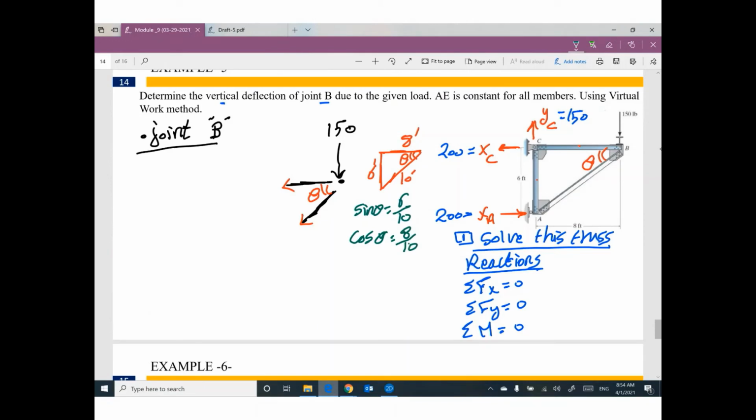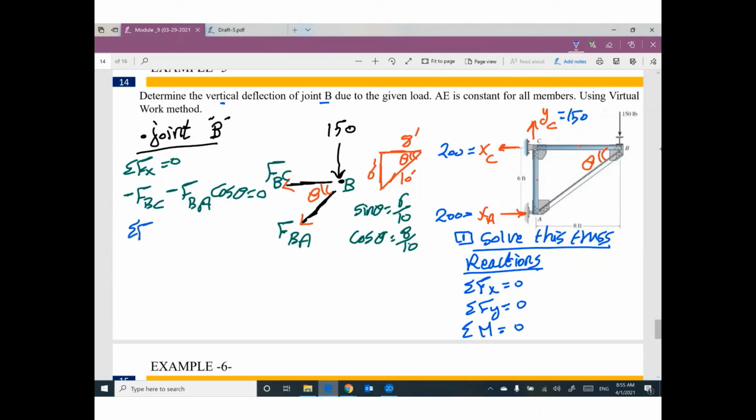Okay, go ahead and apply for joint B, summation F of x equals 0. So this value will be FBC. This value is FBA. So negative FBC, negative FBA cosine theta equals 0.